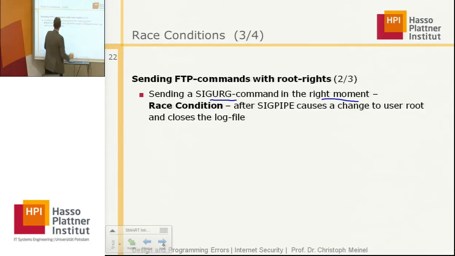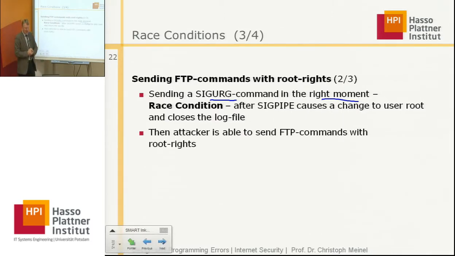command at the right moment, and the right moment, this is where the name race condition comes from. After SIGPIPE causes a change to the user root and closing the log file, then the attacker is able to send FTP commands with root rights afterwards.